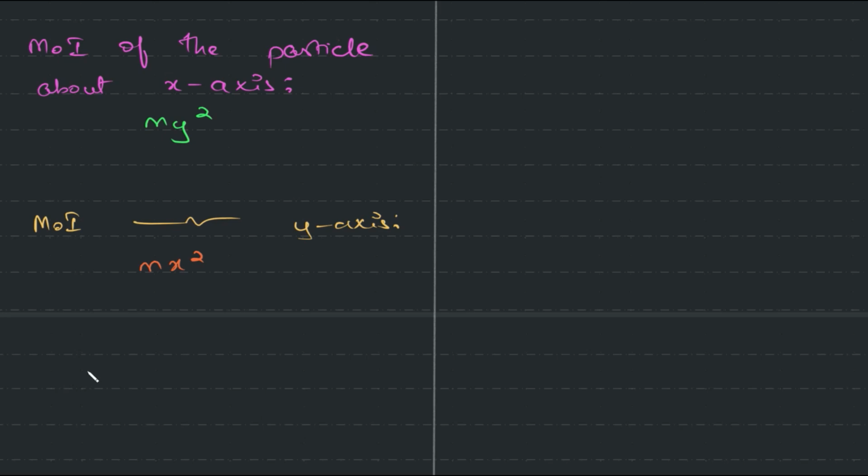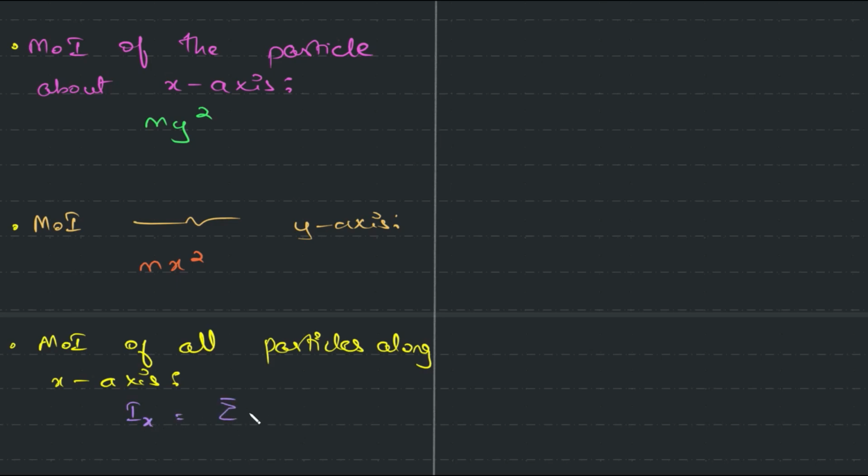Now, if I have to figure out the moment of inertia of the whole lamina, we have the moment of inertia of all the particles along the x-axis, which I can call Ix.